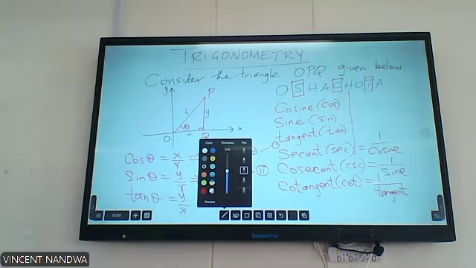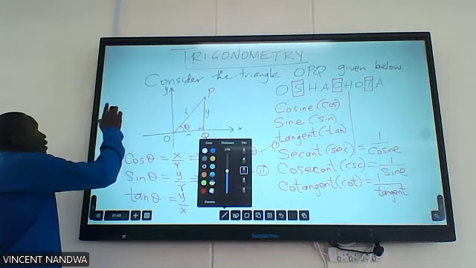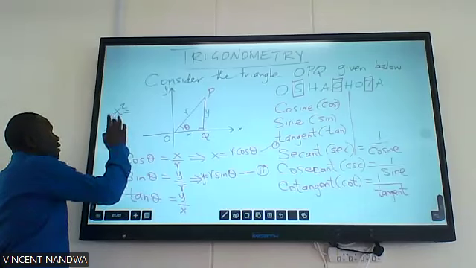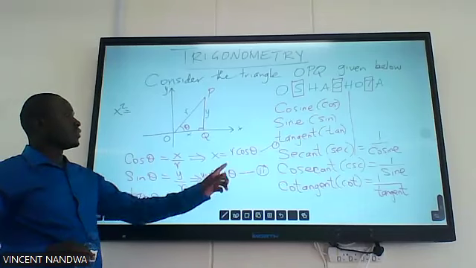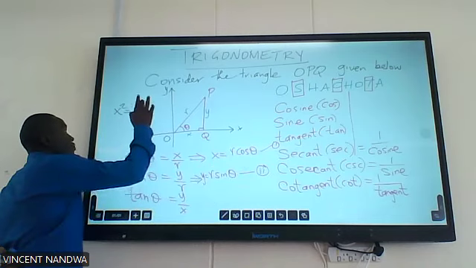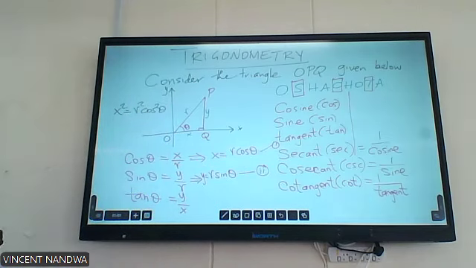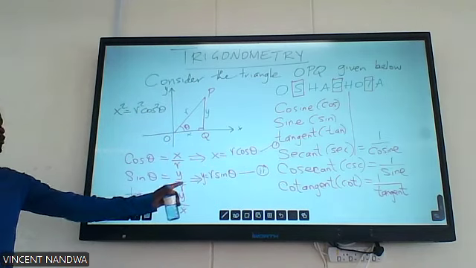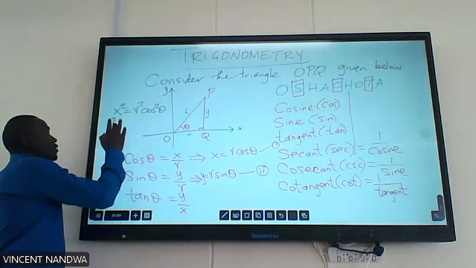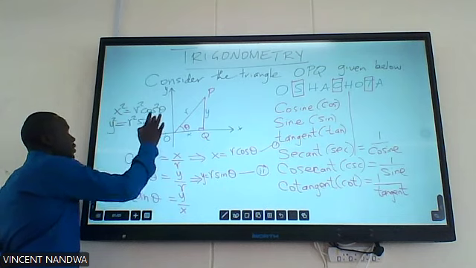So now, from the first equation, I can square both sides and I have x squared is given by r squared cos squared theta. That's from equation 1. And then when you square the second, we'll have y squared is r squared sine squared theta.